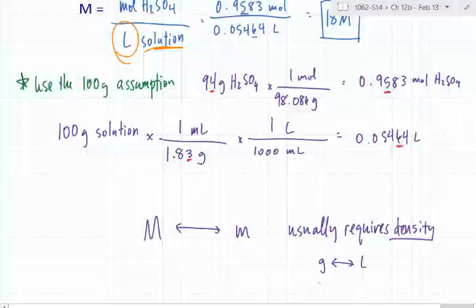It's going to be grams of solution, liters of solution. That's what the density calculation is going to be. So that's how we got our liters of solution for the bottom of the molarity in here. If we were ever solving for molality, we would need grams of solution in order to subtract grams of solute to get grams of solvent.